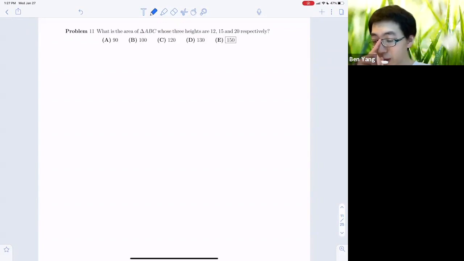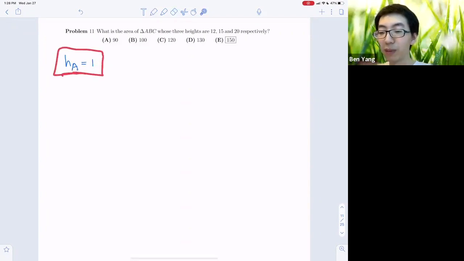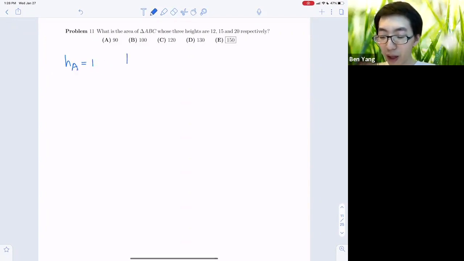Let's assume HA is equal to 12, where HA is the height that corresponds to the side BC. HB is equal to 15, and HC is equal to 20.